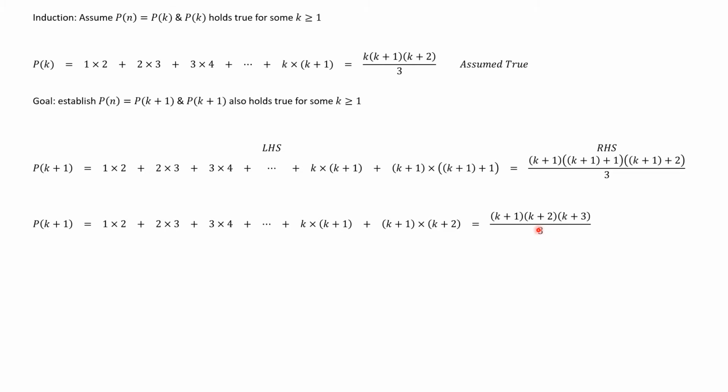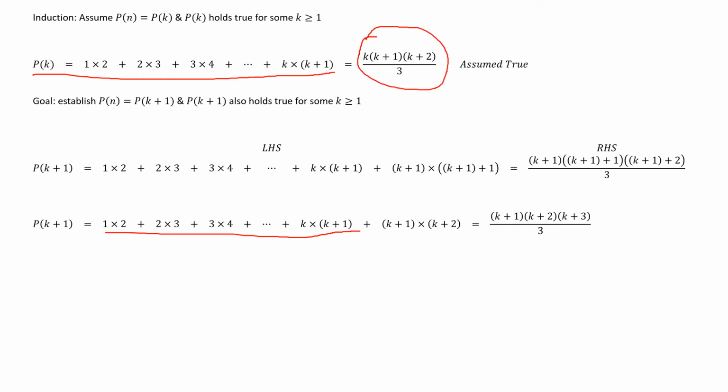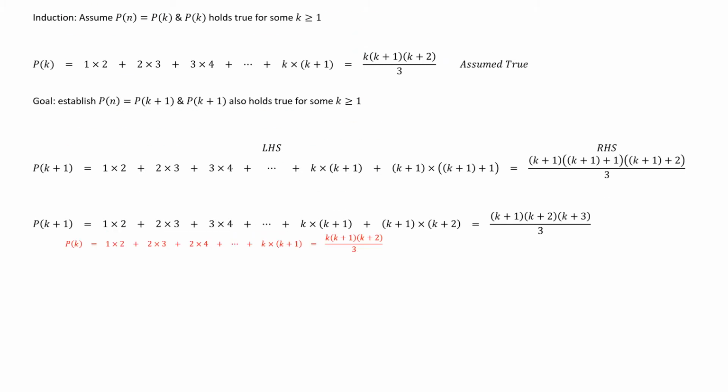So when we're looking at this, we can see here that all of this is this. And we're assuming this is true, so we can replace all of this with this guy right here. So here it is, and let's replace it.